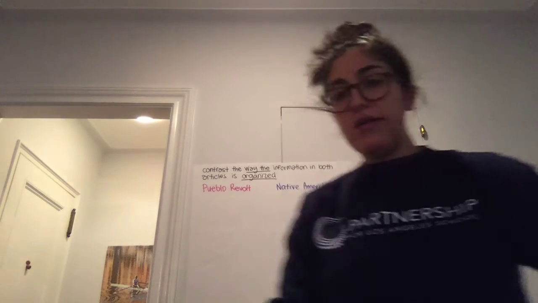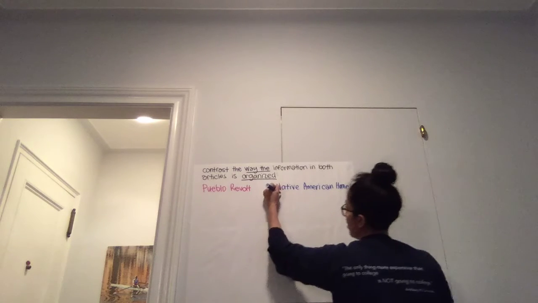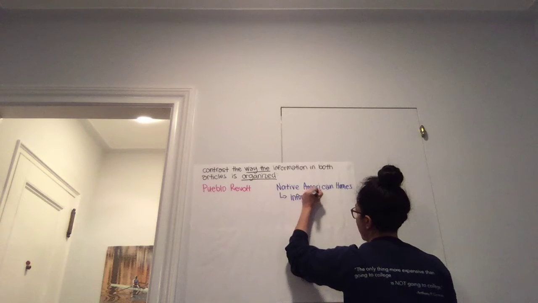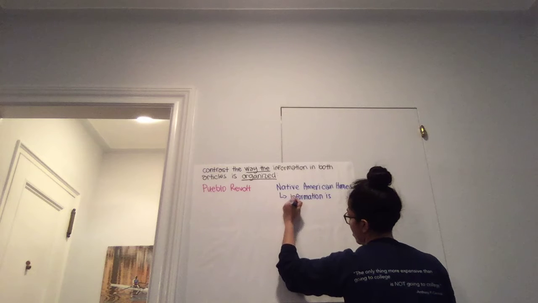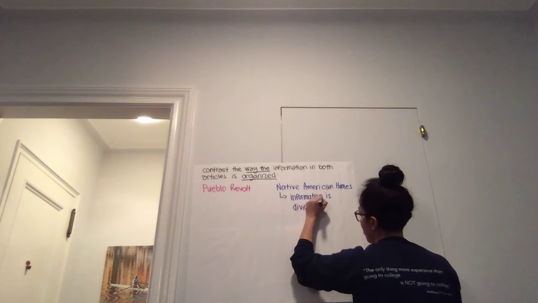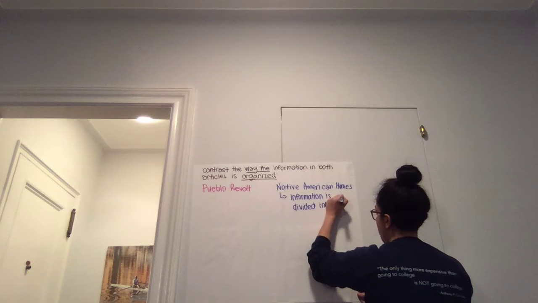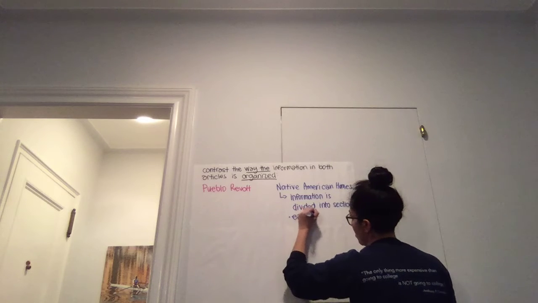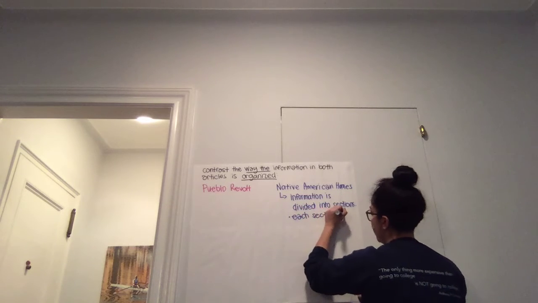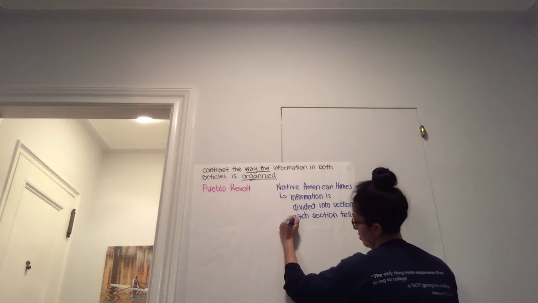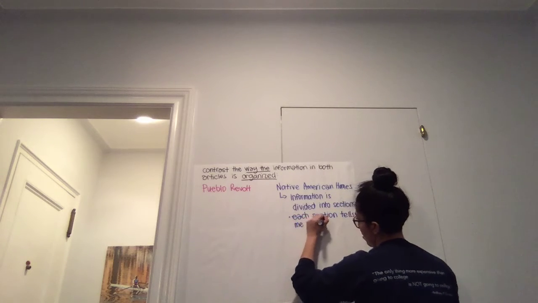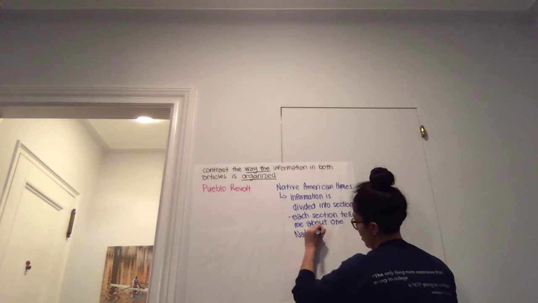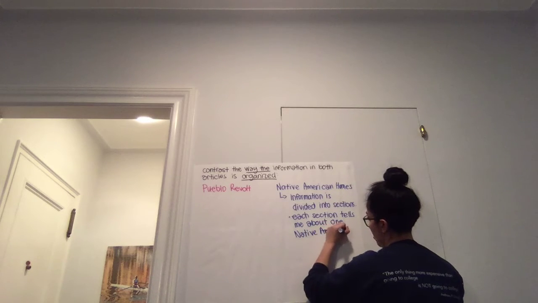So in Native American Homes, the information is divided into sections, and each section tells me about one Native American group, right?